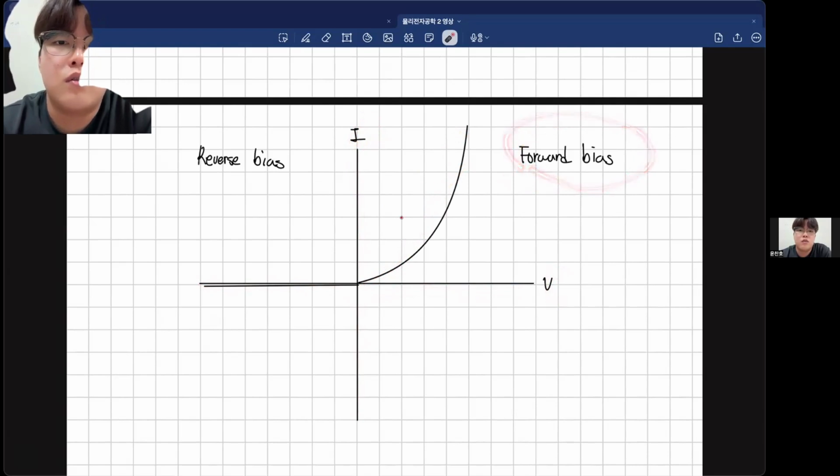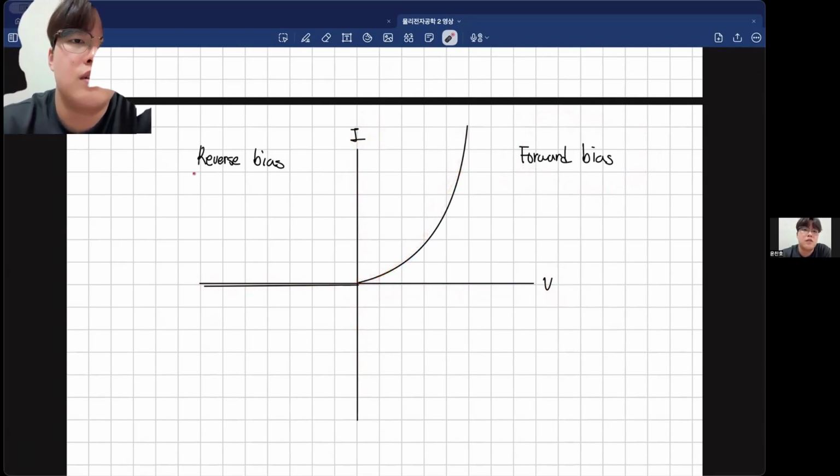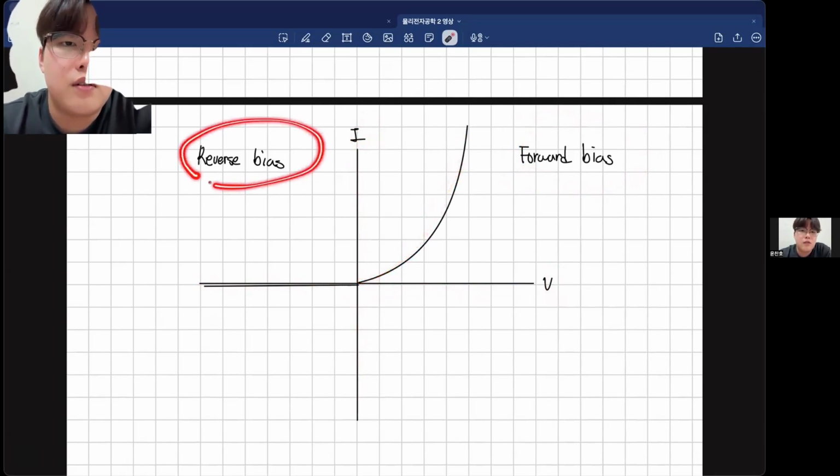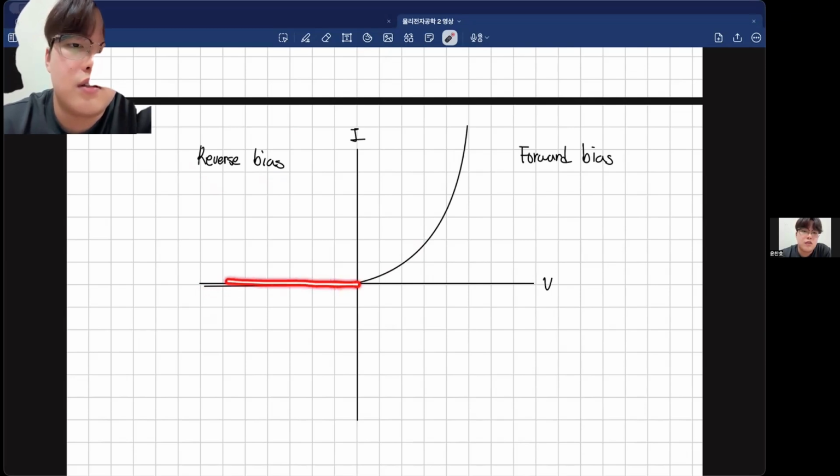And in reverse bias, the barrier is higher, so the current does not follow the voltage.